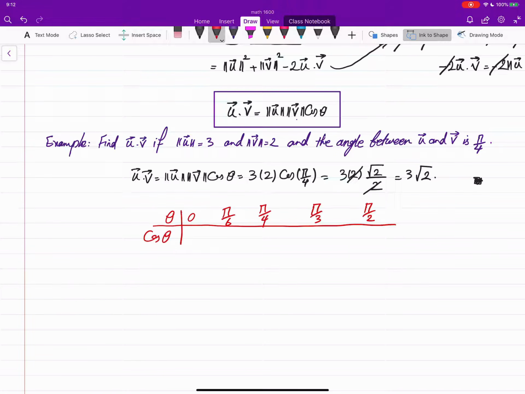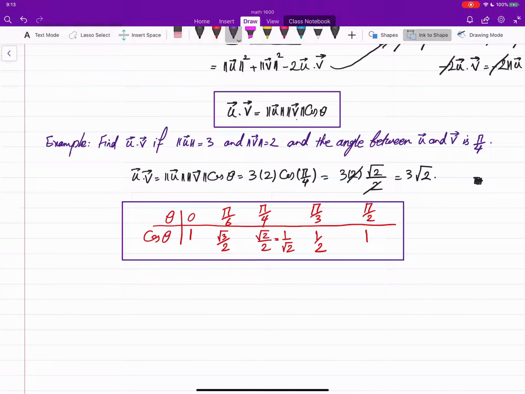Cosine of theta for 0 is 1, for pi over 6 is root 3 over 2, for pi over 4 is root 2 over 2, sometimes you may see 1 over root 2. Cosine of pi over 3 is 1 over 2, and cosine of pi over 2 is 0. This is the table of cosine and values of angles that you have to be able to find and recognize backward. So if someone gives you cosine, you have to be able to go backward also.